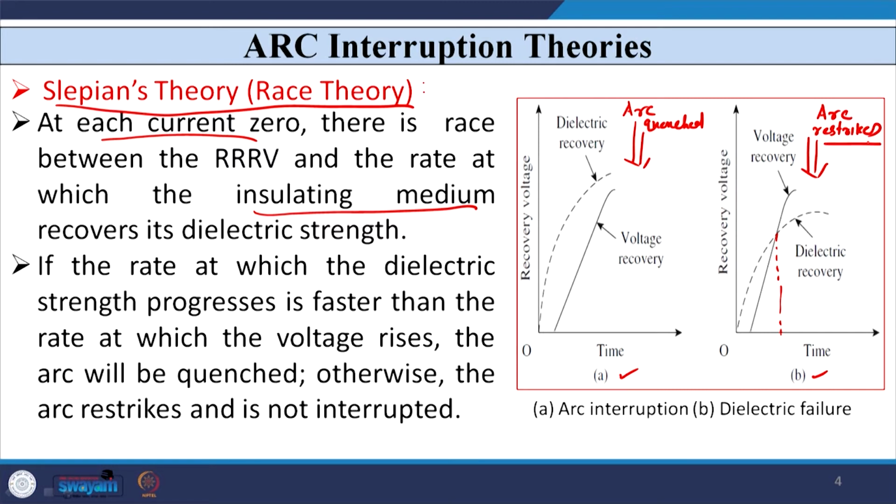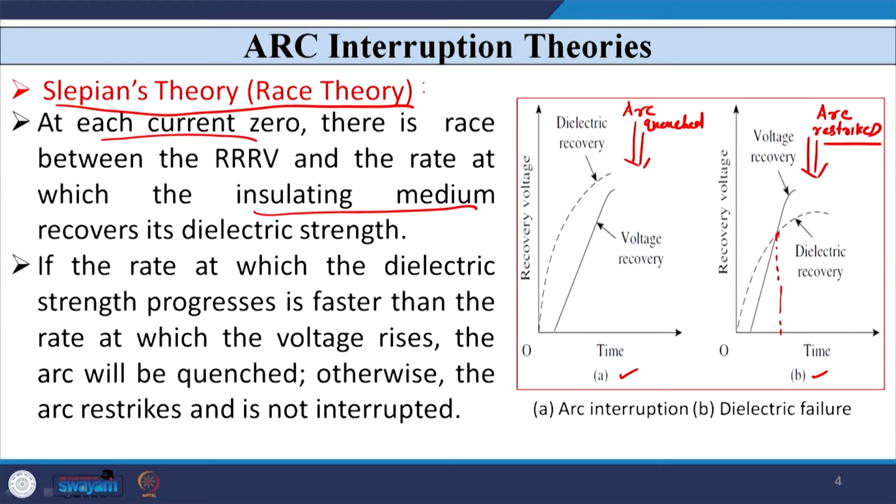Restrikes means that at natural current zero the current is interrupted, the arc is partially quenched, and immediately after that instant the arc is formed again. So, the medium, earlier ionized, becomes deionized, and again becomes ionized when the arc restrikes.